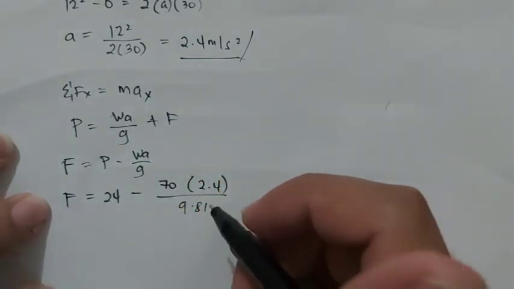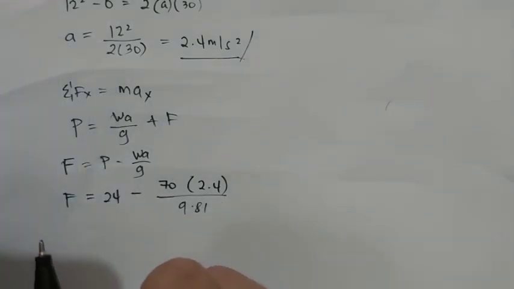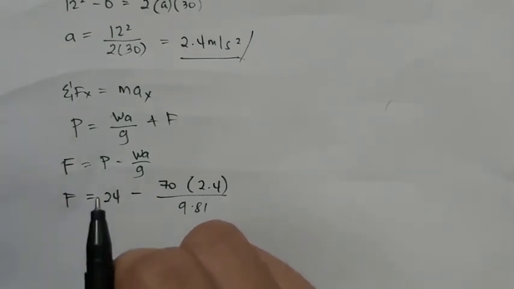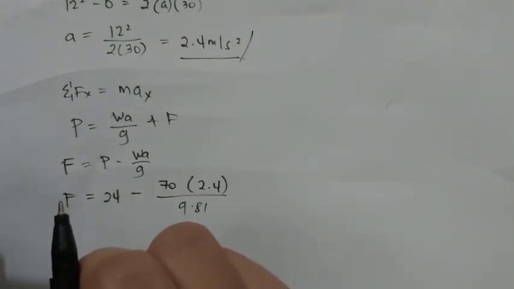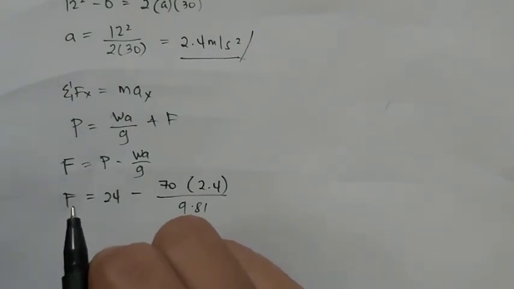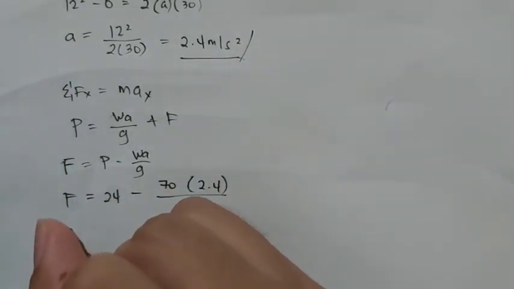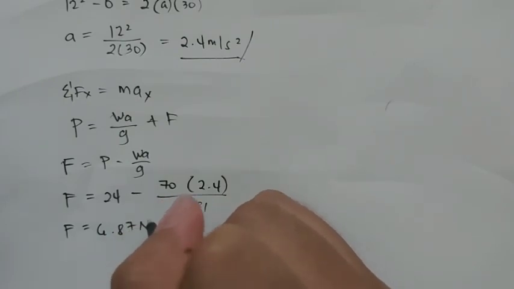Okay, so solving this, we have friction force is equal to 24 minus 70 times 2.4 all over 9.81. Okay, that friction force is equal to 6.87 Newton.